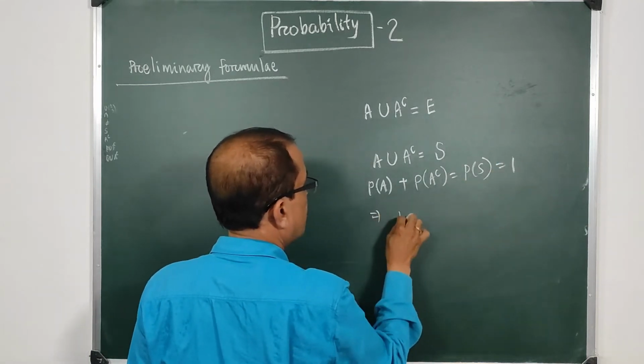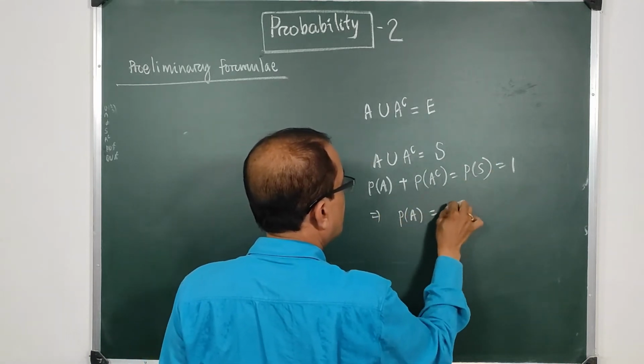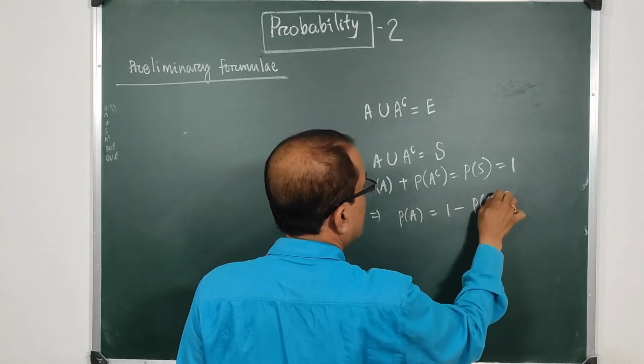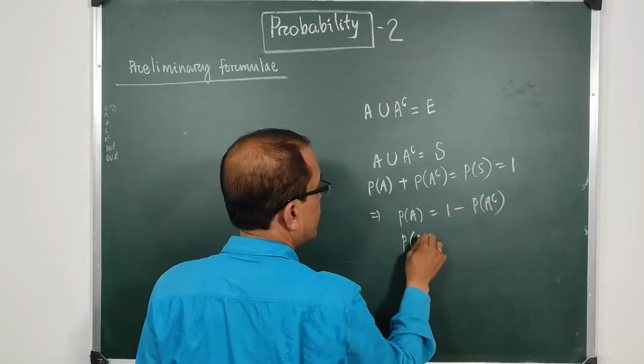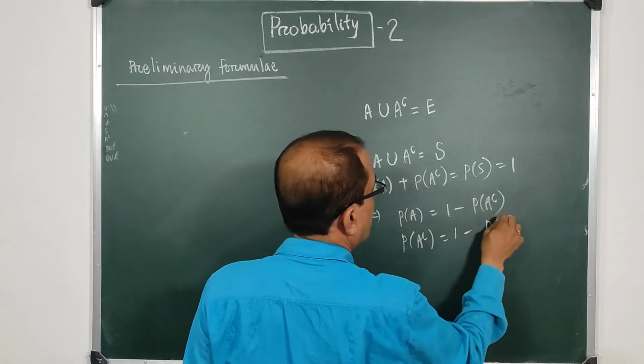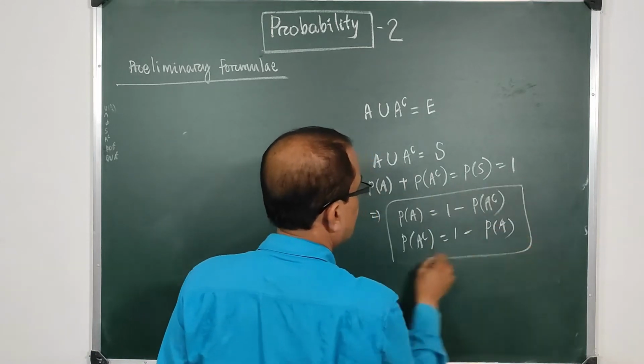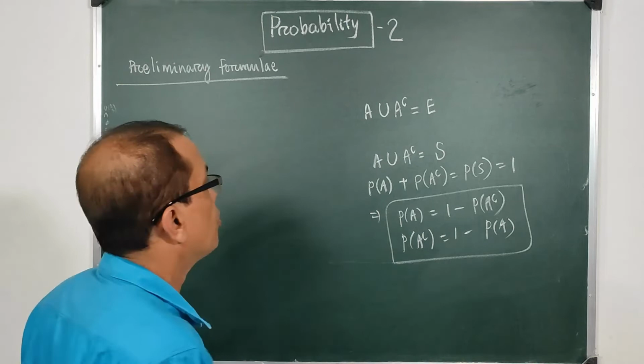That means we can find P of A if P of AC is available, or P of AC if P of A is available from these two formulae. This is very useful in solving so many problems.